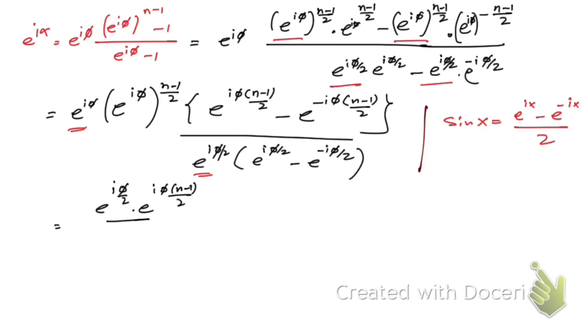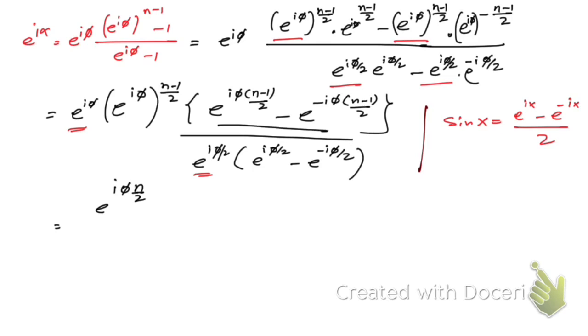If you multiply these two terms, this is going to be equal to e to the power i phi plus e to the power i phi (n minus 1), this whole thing divided by 2. And if you simplify this, you end up getting i phi n by 2, right?